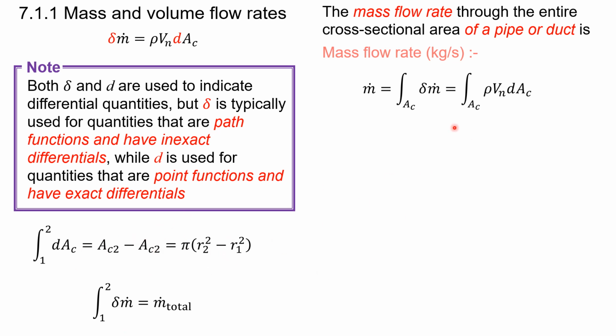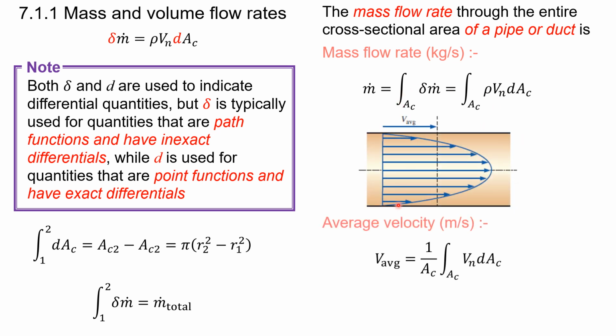The steps are given. The mass flow rate through the entire cross-section area of a pipe or duct is the mass flow rate. This is the derivation for this formula, and the steps are given. Average velocity, this is something important.